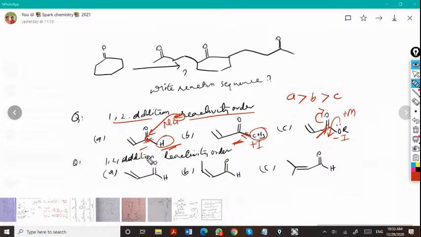Okay. Next, in 1,4 addition, what could be the reactivity order? So how to define the reactivity order in 1,4 additions?